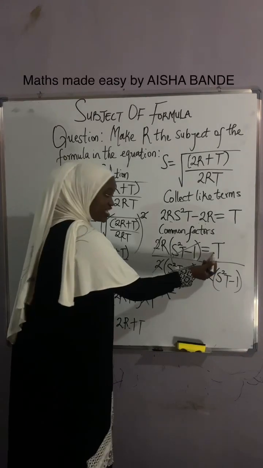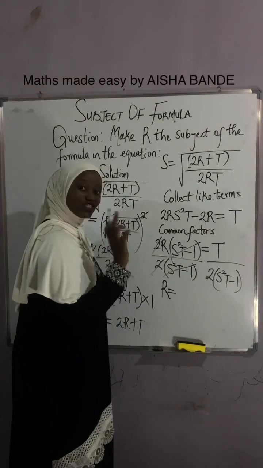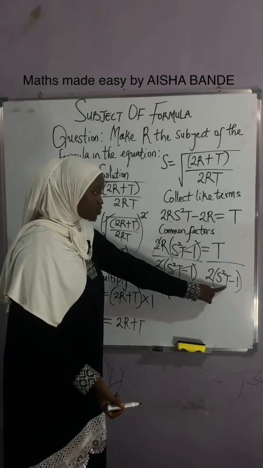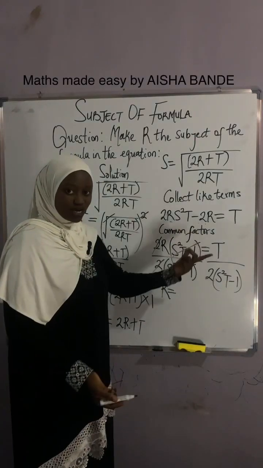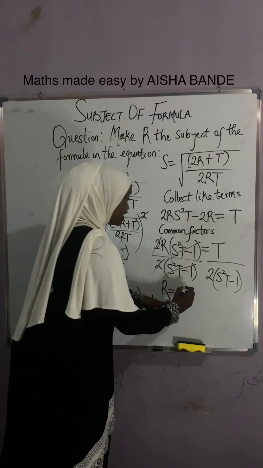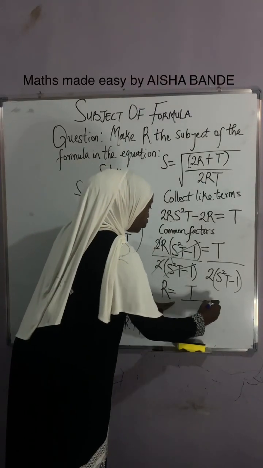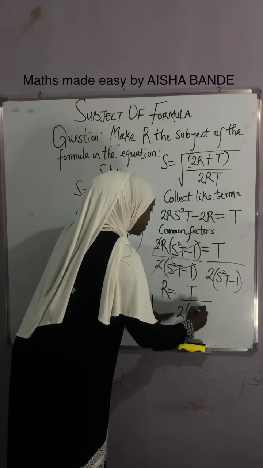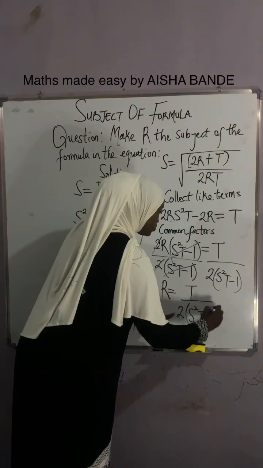Please, this T here, the numerator, cannot cancel out the T at the denominator, because this T is together with the S squared, so it can't be cancelled out, okay? So we are left with T all over 2 open brackets S squared T minus 1.